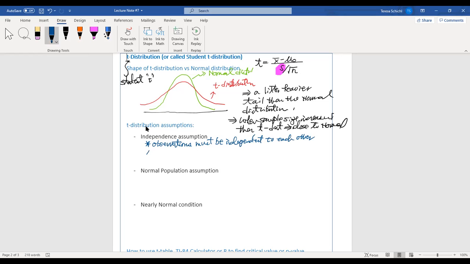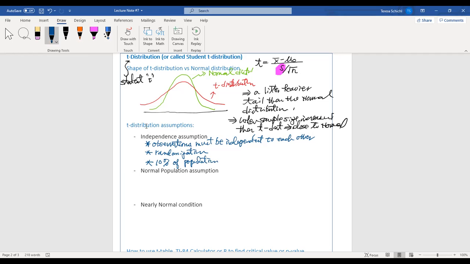The next thing is that when you take the sample, you have to be random. That means the sample has been randomized. Then the other thing, in order for the T distribution to work, is the 10% rule of the population. What does this mean?